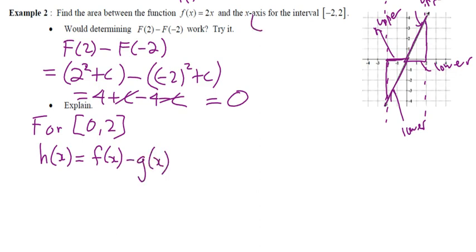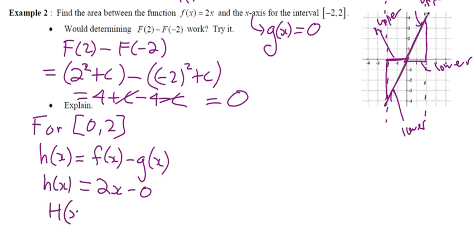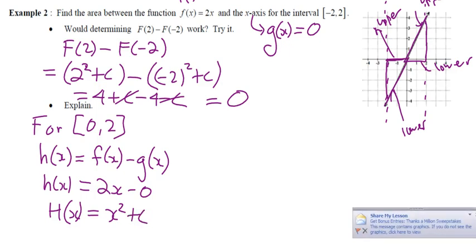Okay, so here the x-axis, we'll say g of x is equal to 0, right? I mean, the x-axis has an equation, y equals 0. So we'll call it g of x. So here, this will be 2x minus 0, h of x. So then capital H of x is equal to x squared plus c.